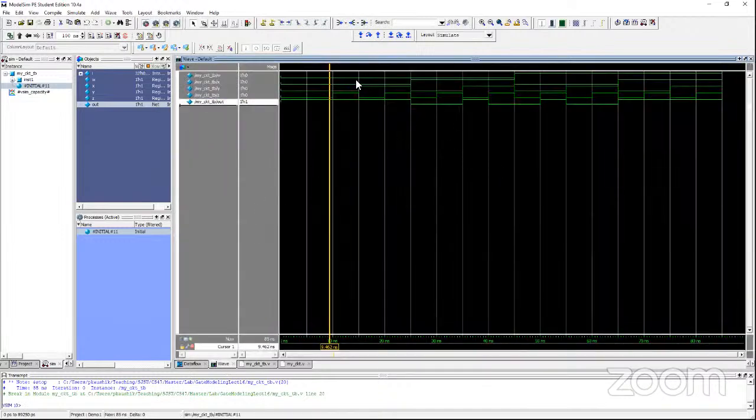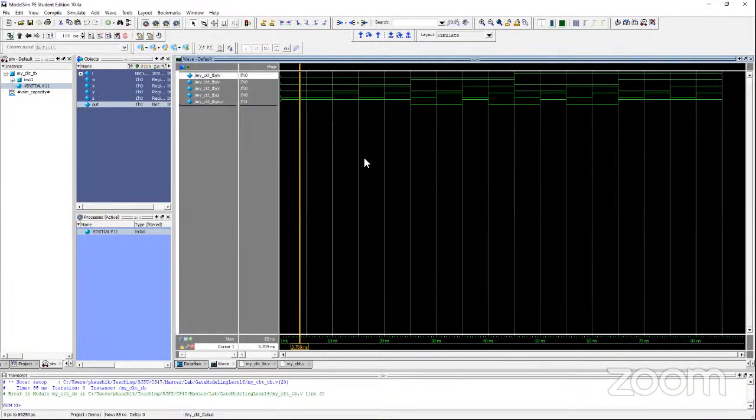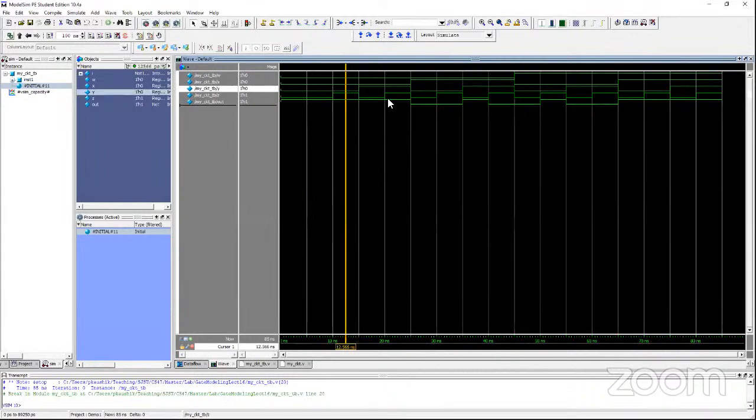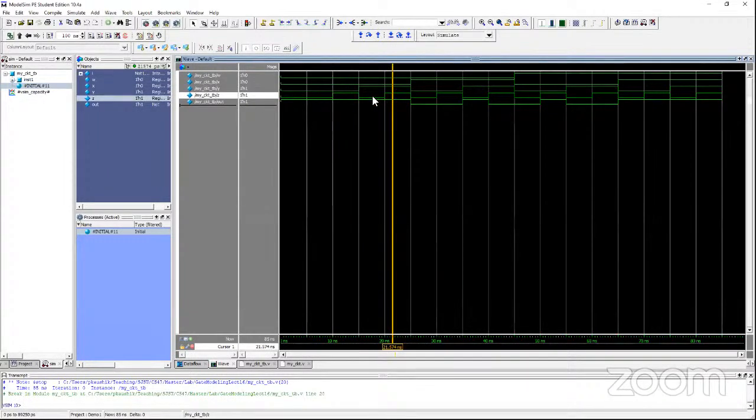All right. So now look at these. Z is the LSB, W is the MSB. So as expected, Z is toggling between 0 and 1. If I hit this timeline, Z is 0, and then Z becomes 1. And Z becomes 1 here, Z becomes 0.